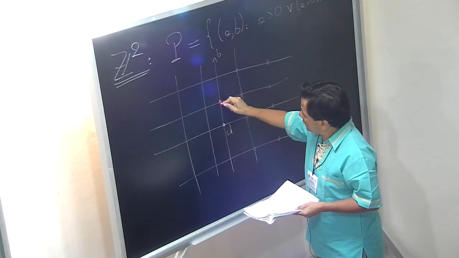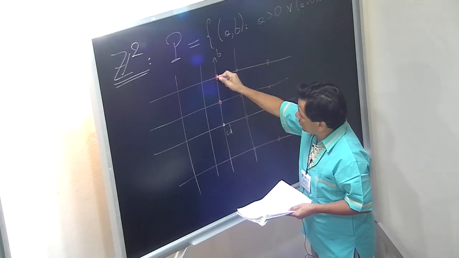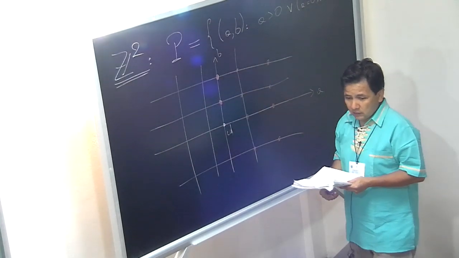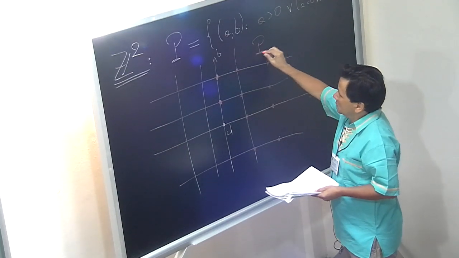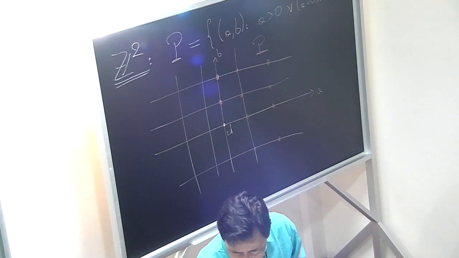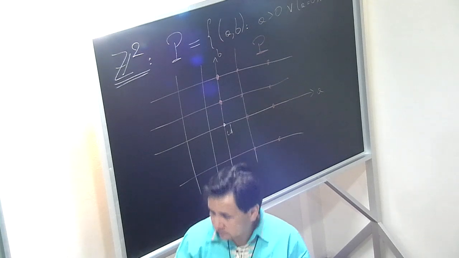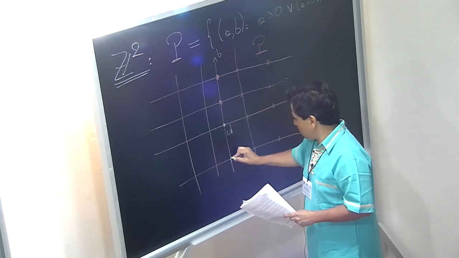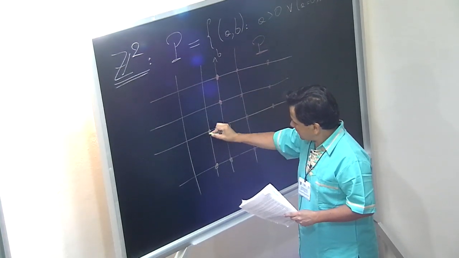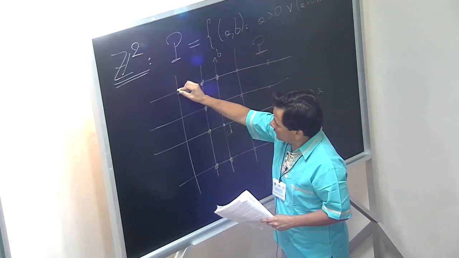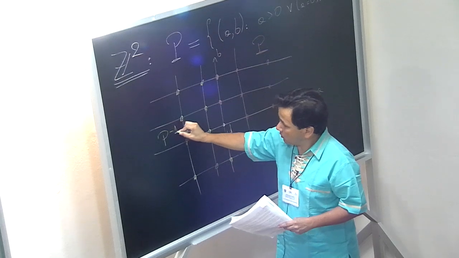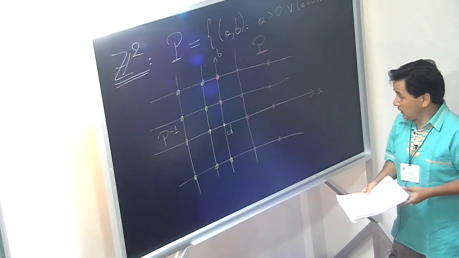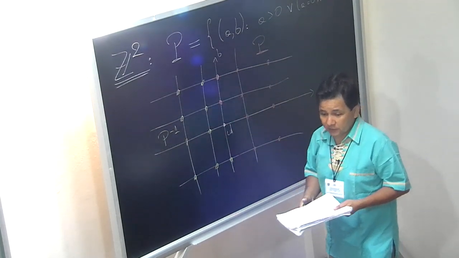So this point here is also positive, this point is also positive, and so on. This is P. And P inverse is, well, these points here. This is the semigroup P inverse. And there is the identity, which is neither positive nor negative.